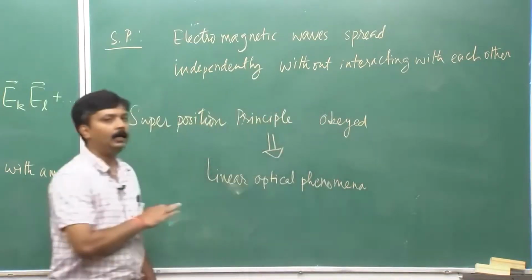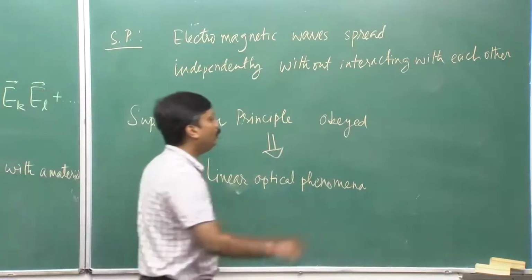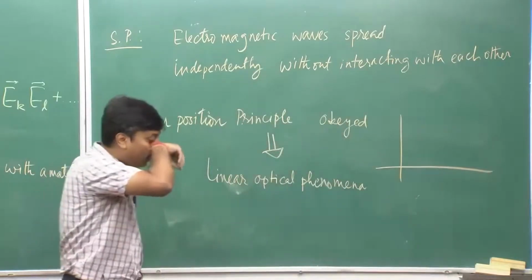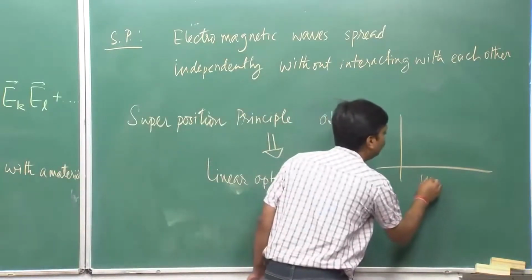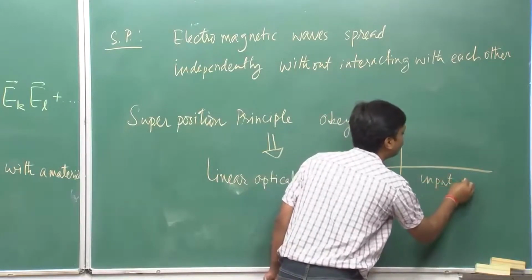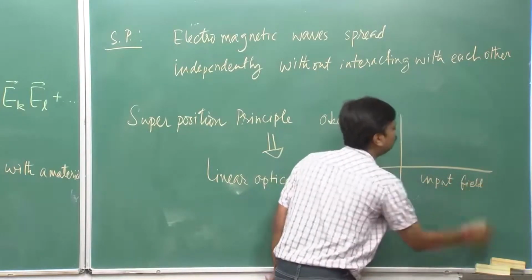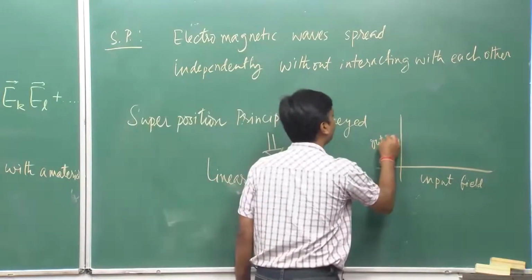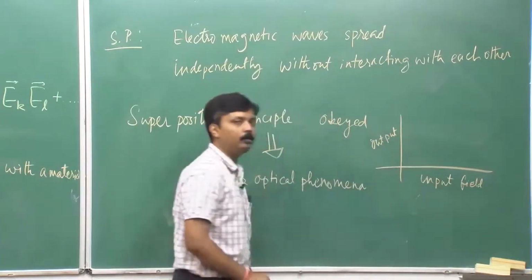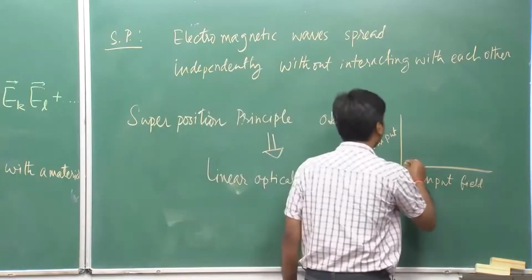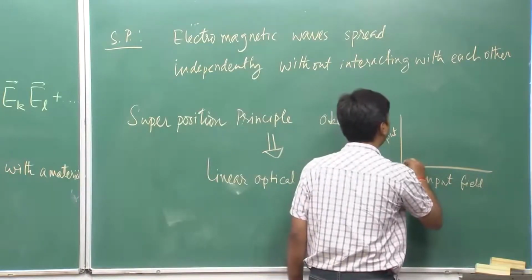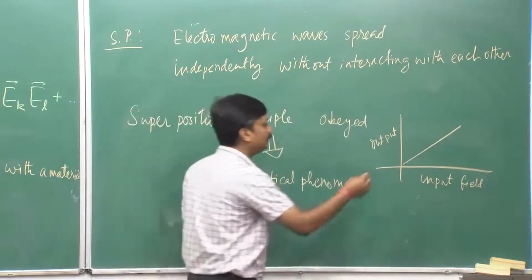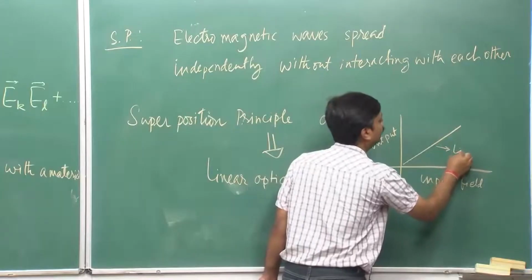A direct implication will be obtained in your observable: if you have the input field strength and you measure the output, what you will see is a behavior like this, and this is linear.